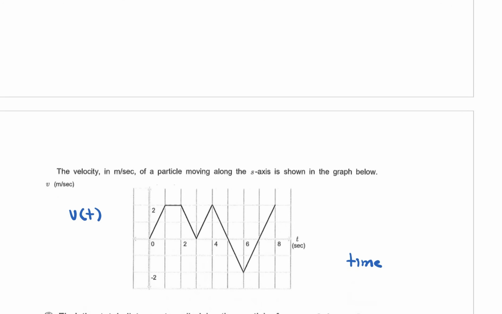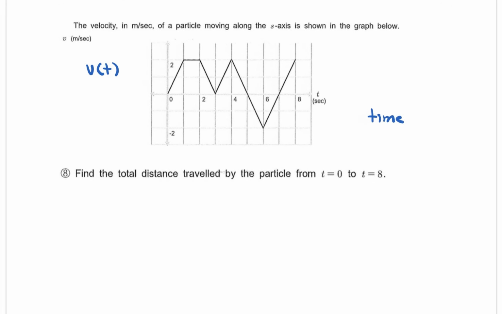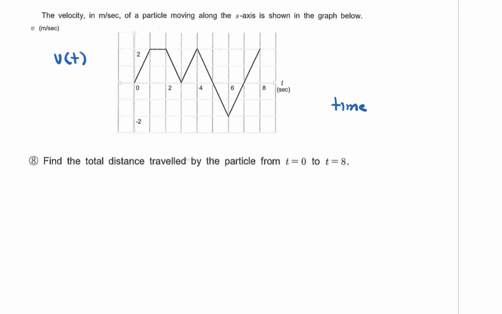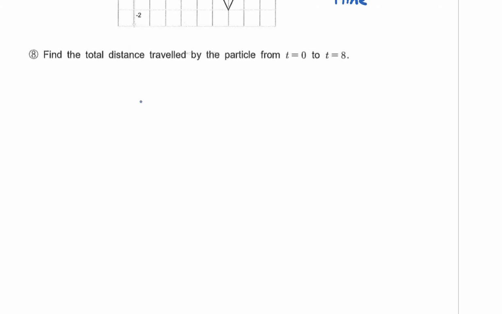Okay, let's move on to the last two questions here. So now we have this question where I need to find the total distance traveled by the particle from t equals 0 to t equals 8 seconds. Okay, so before I do a question like this, if I just draw a little axis here, and if I just draw a box like that, I'll label this as my velocity, and this will be my time.